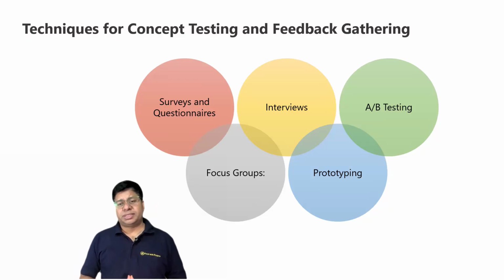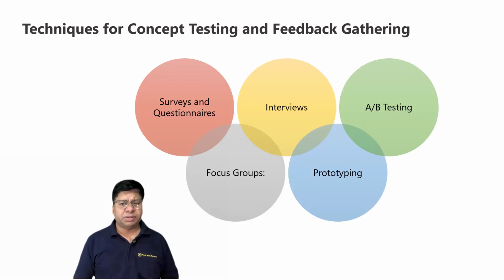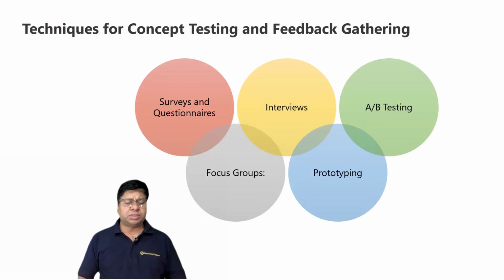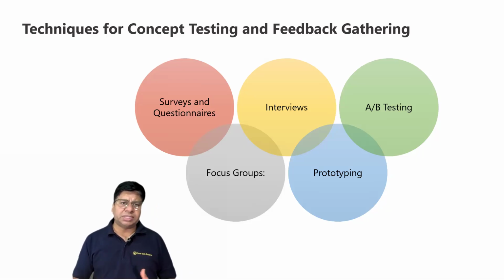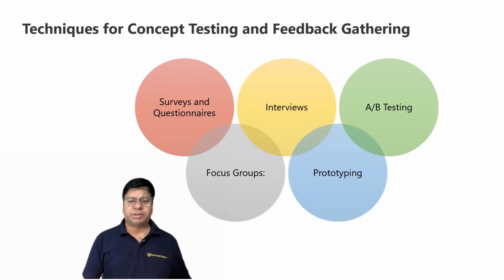Next is A/B testing. It's perfect when you have a landing page or early version live. Test two versions of value propositions, button text, visual design, and realize how users are behaving and what the engagement is with version A or version B.